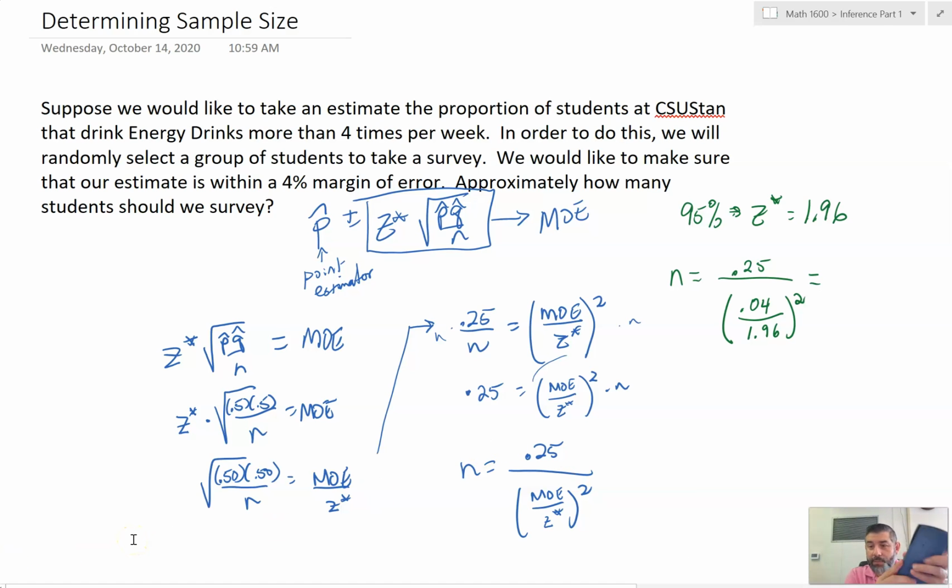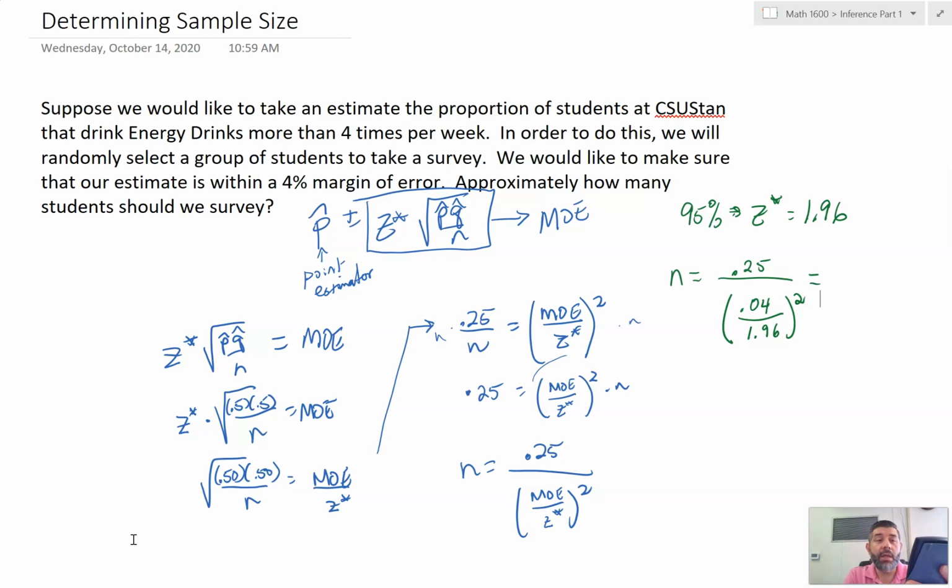So I'll take out my nice handy graphing calculator or scientific calculator because that works best. I'm going to do 0.25 divided by parentheses 0.04 divided by 1.96, close parentheses, and square that.